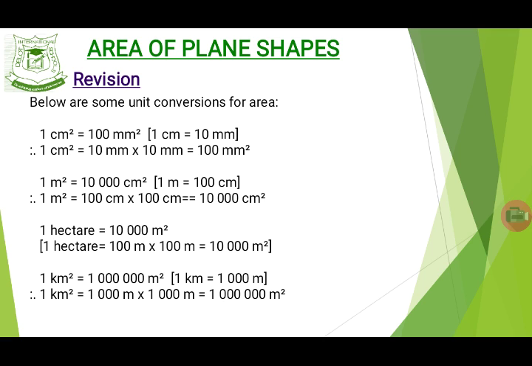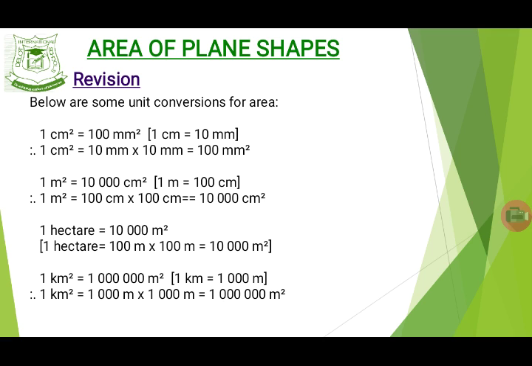The area of a rectangle is length times breadth, or length times width, depending on whichever way you want to use it. The area of a square is the length times its length, because all the sides of a square are equal.